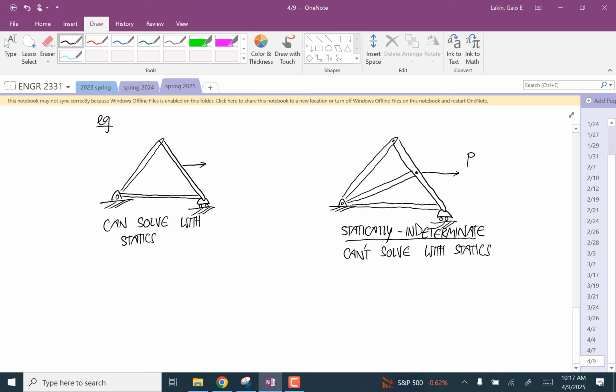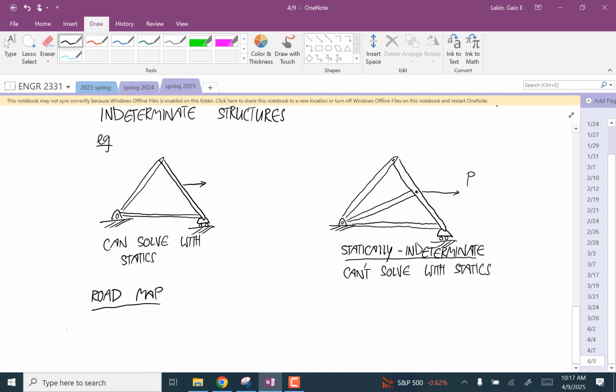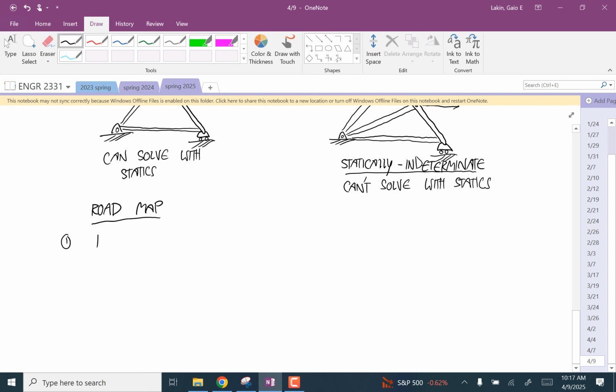So here's a roadmap for what we're going to do, because this is all going to take a little while, but overall the game plan is simple. We're going to start with tension and compression, and I'm lumping in with this thermal expansion.